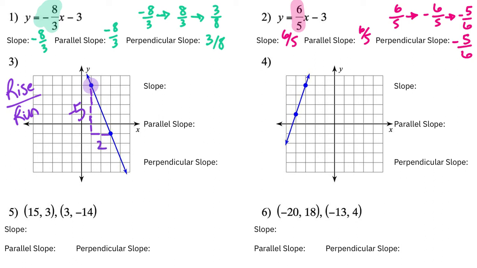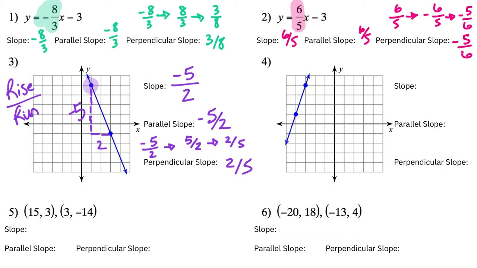So my slope, rise over run, we rose down 5, ran 2. My parallel slope is exactly the same. My perpendicular slope, I'm going to take that -5/2, make it positive, and then flip the fraction. So 2/5 is my perpendicular slope.